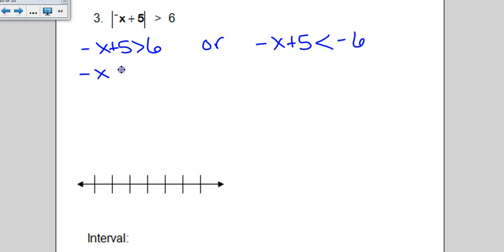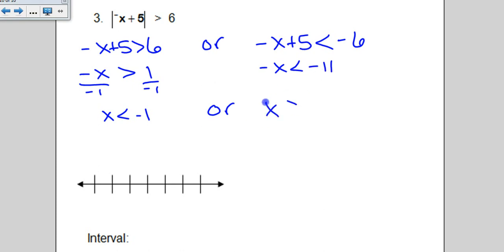So negative x is greater than 1. And then be careful, remember our rule, when we divide by a negative number, you need to flip your symbol. So here we have negative x less than negative 11. And again, divide by a negative, so we need to flip our symbol.